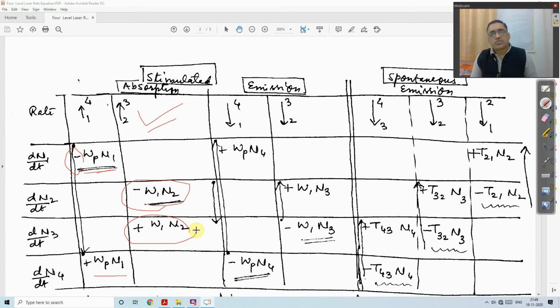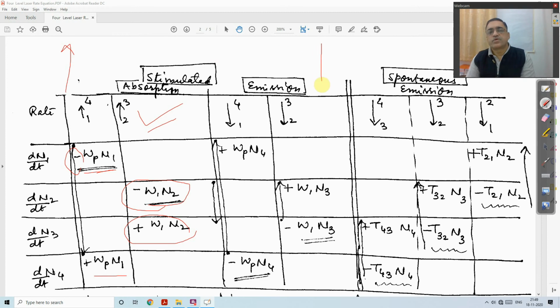So now this must be equal to this is absorption. Absorption takes place, so it is the upward process actually.